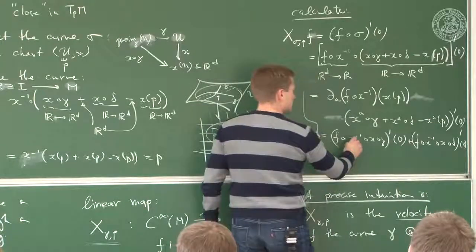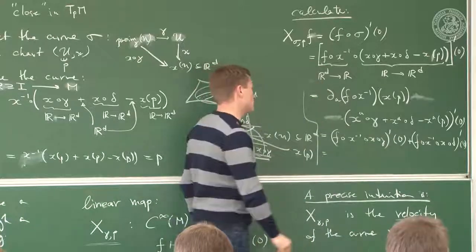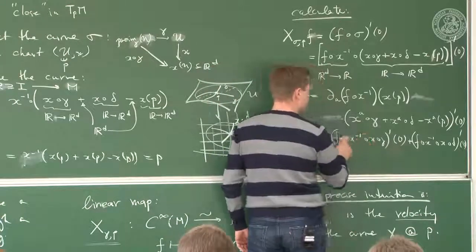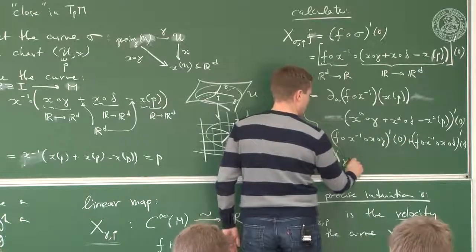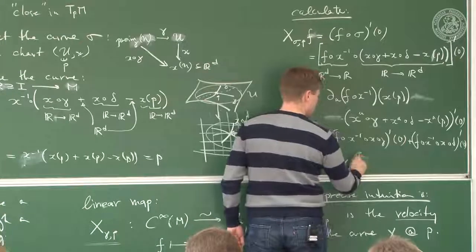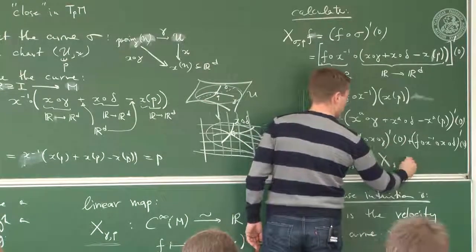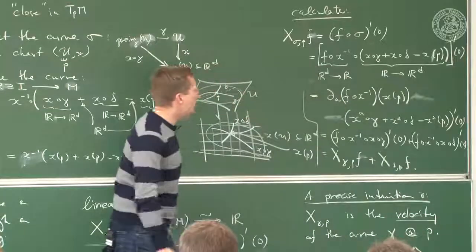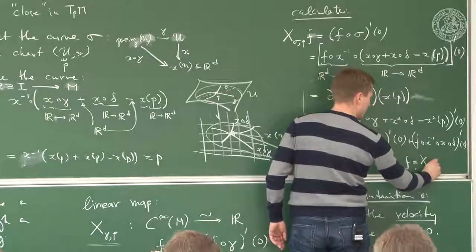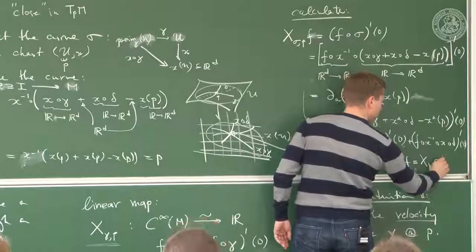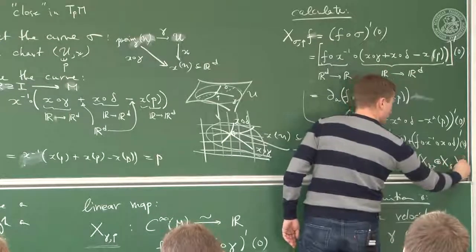But now here, the x inverse and x, I freely use the associativity of the composition. That, of course, is f after gamma prime of 0. This is, of course, X gamma comma p acting on f. And this back here is X delta comma p acting on f. Aha, but this is nothing else but our definition, X gamma comma p plus X delta comma p, both acting on f.